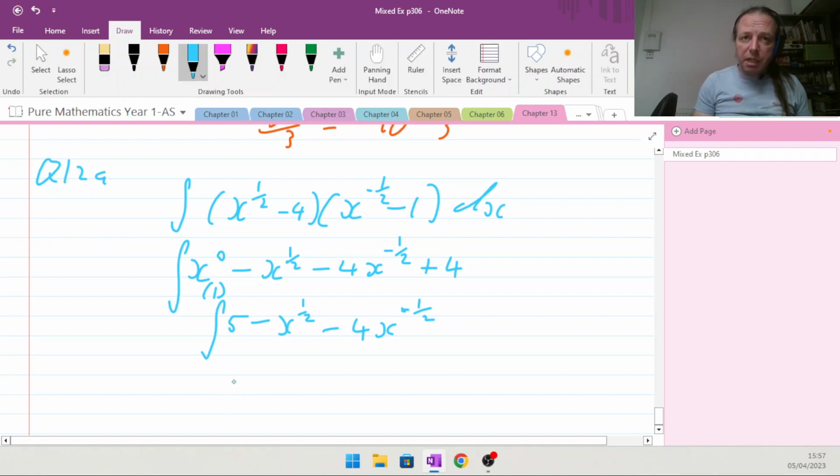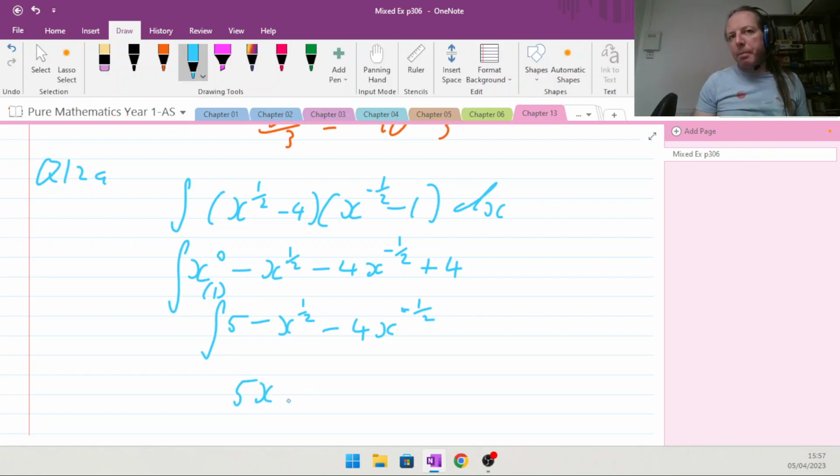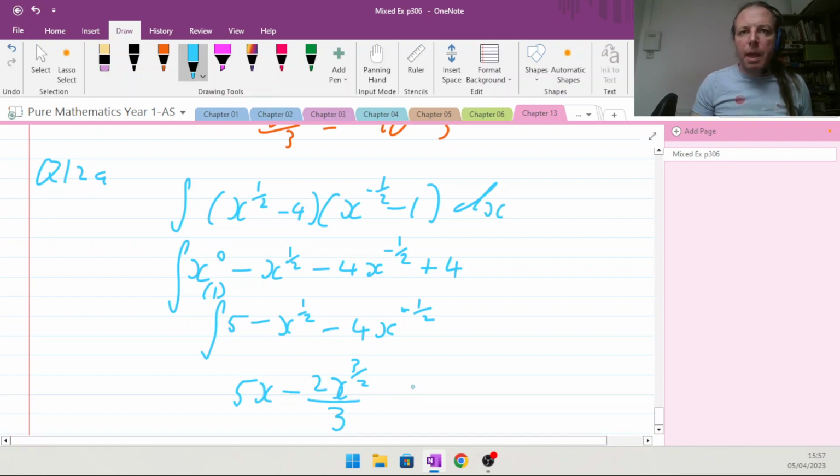So this becomes the 5x. Okay, so when we add 1 onto that, it becomes 3 over 2, x to the 3 over 2. And if you're dividing by 3 over 2, you're multiplying by 2 over 3. Minus 4 times, now when you add 1 onto this, you become a half.